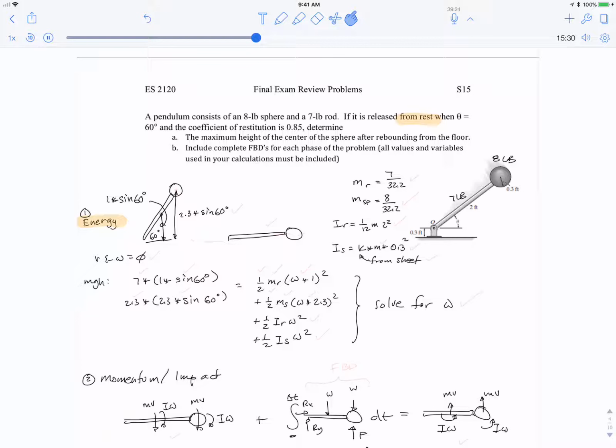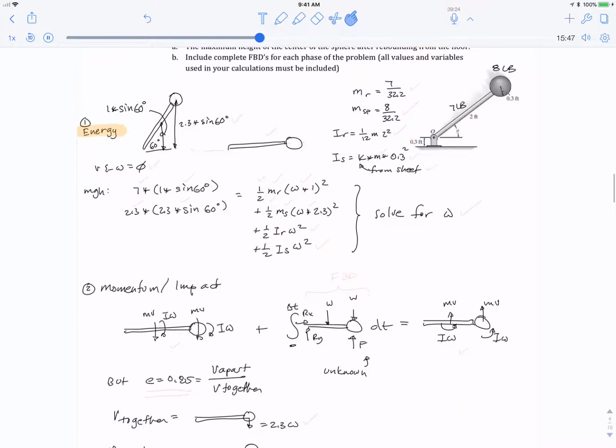And so the reason I like this is because it involves both energy and momentum. From the ball being at 60 degrees down to when it's horizontal just before it impacts, that's a conservation of energy problem.